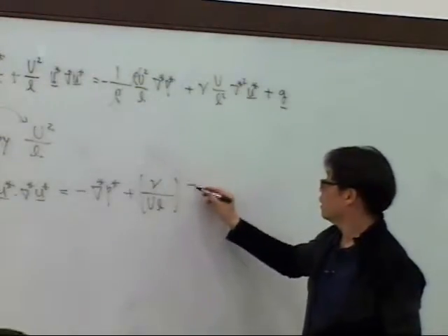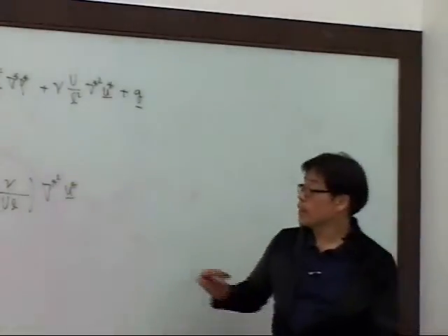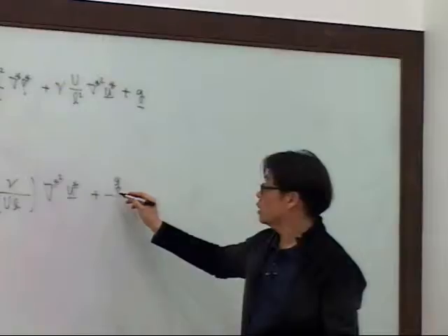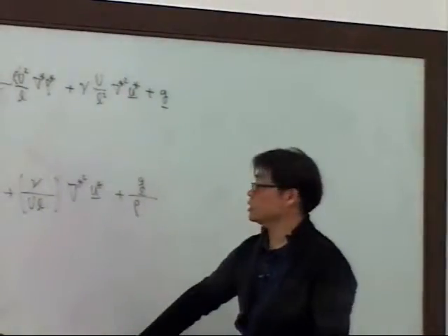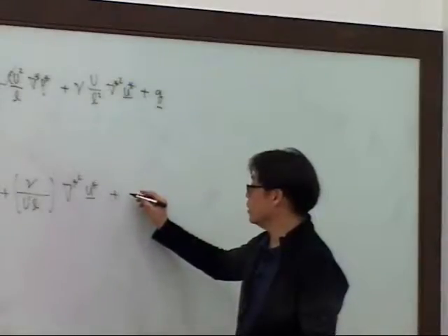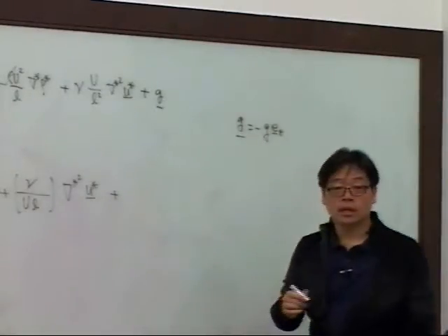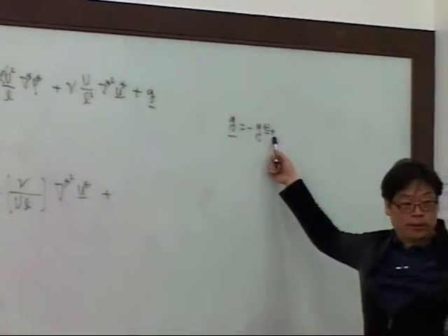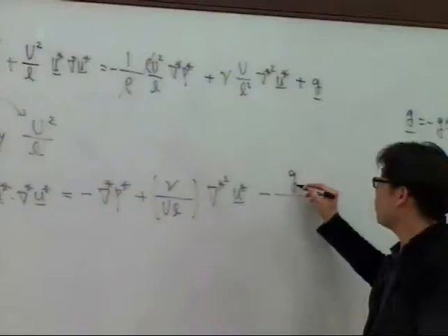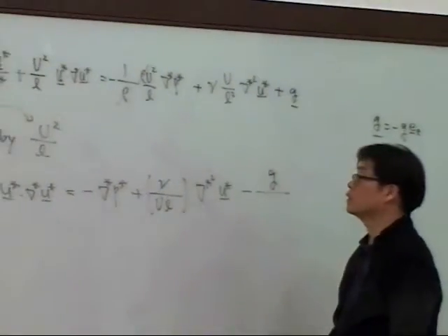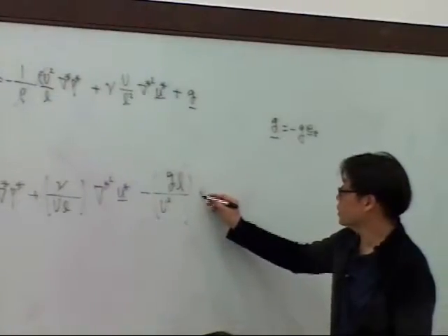And then I have G divided by rho. Basically, G is only in the Z direction, so I can write G as minus G E Z. Okay, meaning that the gravity is only acting in the vertical direction with a negative sign, so I can rewrite this as G divided by rho U squared L here and E Z here.